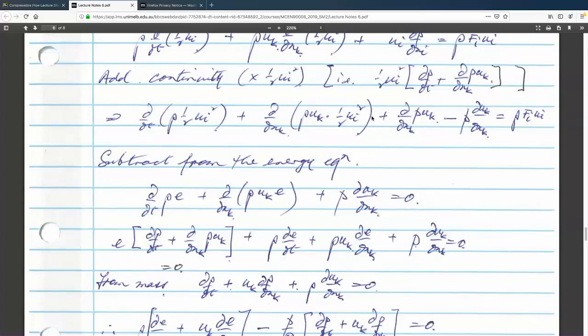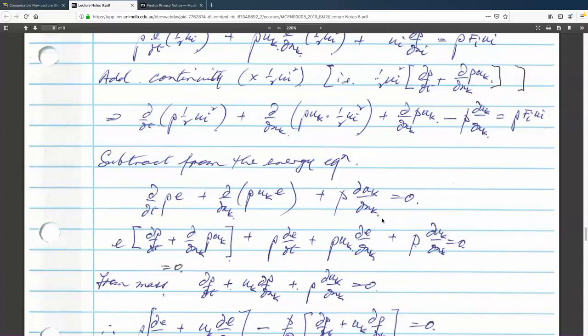So I subtracted this equation from the energy equation, and I'm left with d dt of rho e plus d dxk of rho uk e, and this term cancels, and when I subtract this, I get plus p d uk dxk equals 0, and this right-hand side goes to 0.